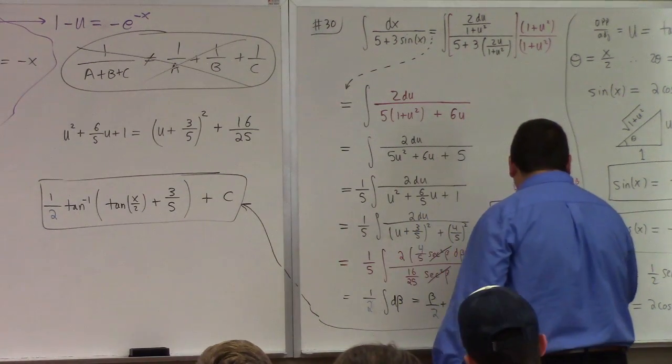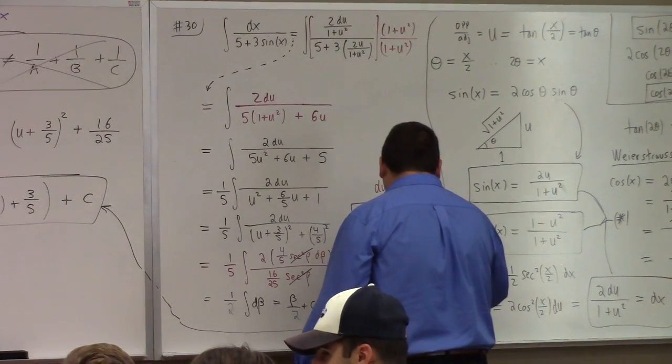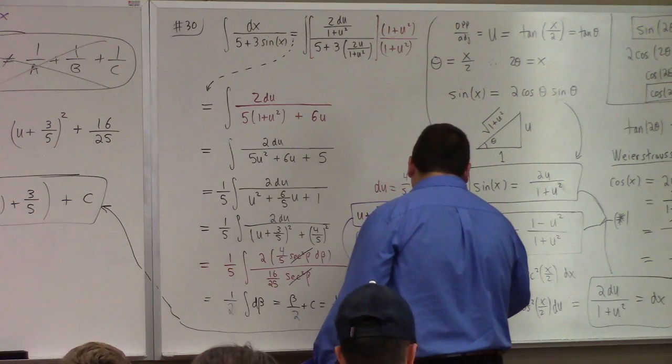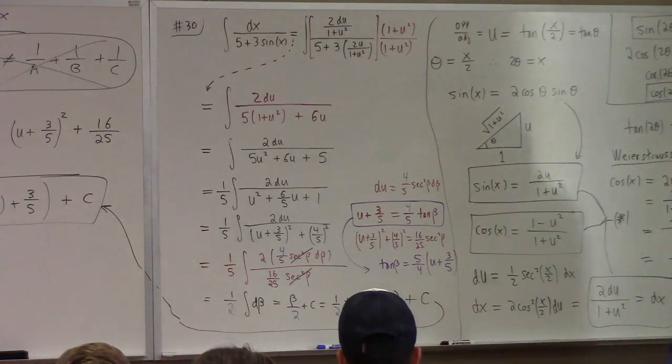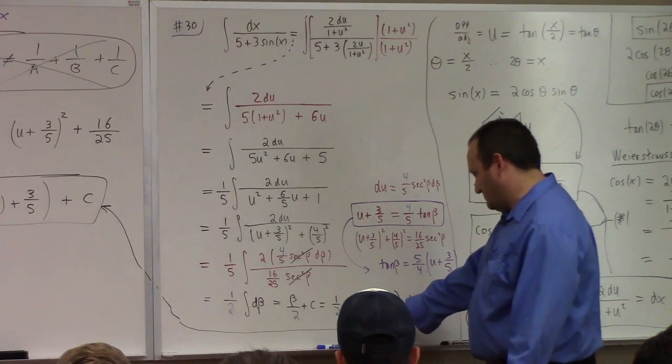So, this means that tangent beta is what? 5 over 4, right? Times u plus 3 over 5. Solving for tangent beta, I have to multiply both sides by 5/4. I neglected to think about that. And so I should not have taken the inverse tangent of this.